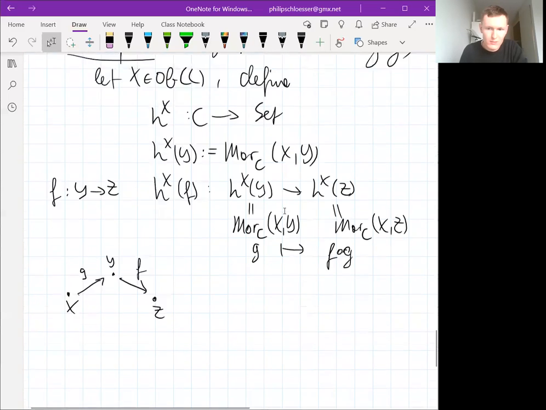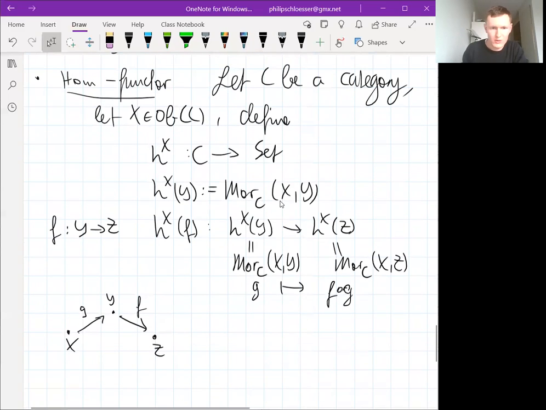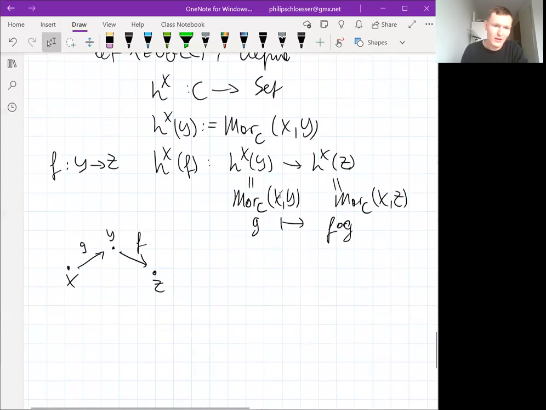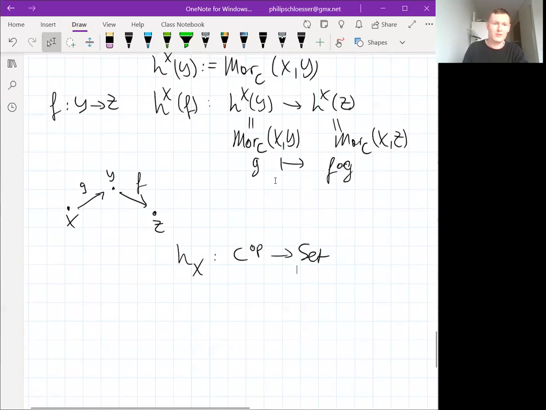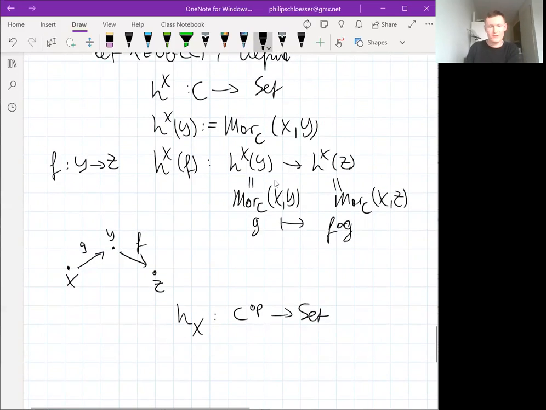This is also called the left hom functor. And conversely, we can define the right hom functor. That one now goes from the opposite category to Set, where we basically just reverse the arguments to Mor.